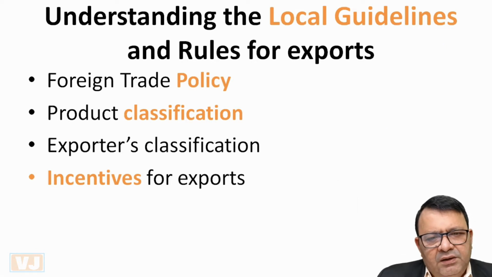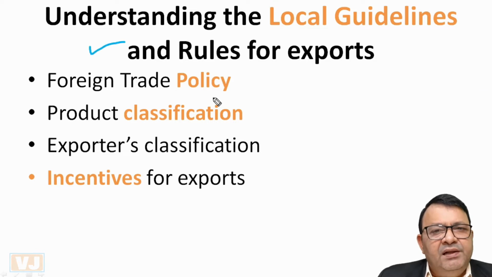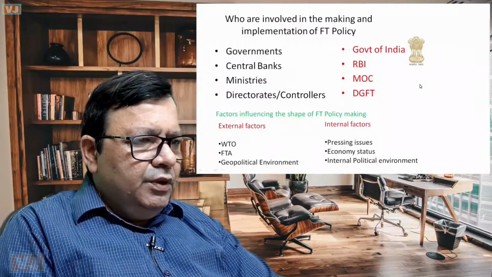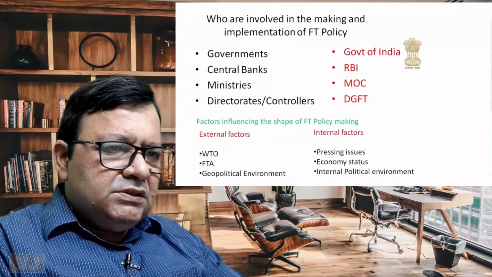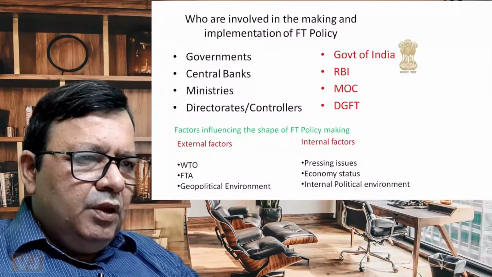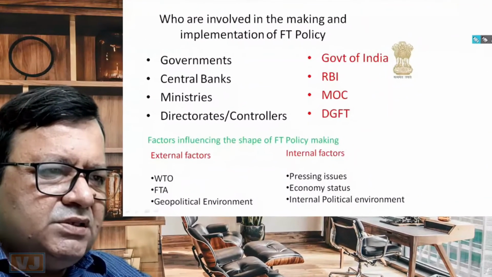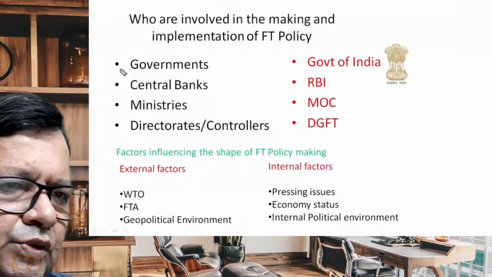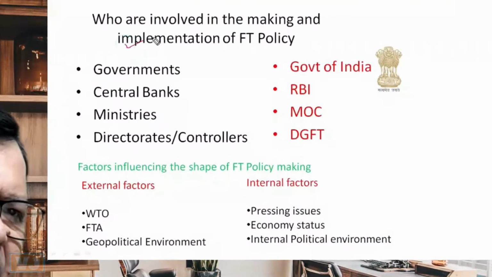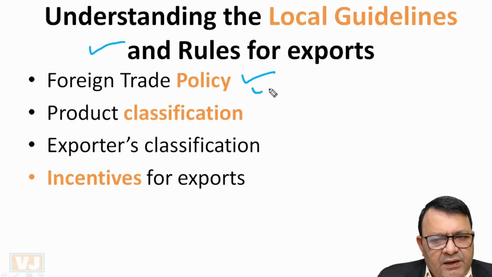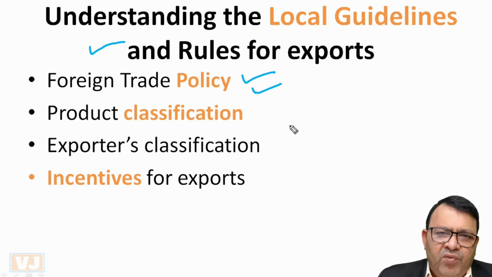Friends, then the next section in this course talks about understanding the local rules and guidelines for export. Every country has its own local guidelines and rules, which normally are enshrined in the local government's foreign trade policy. Every country has a foreign trade policy. That is what has been discussed with the example of India.